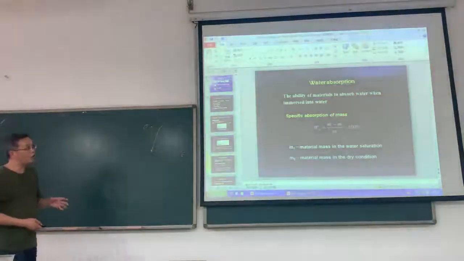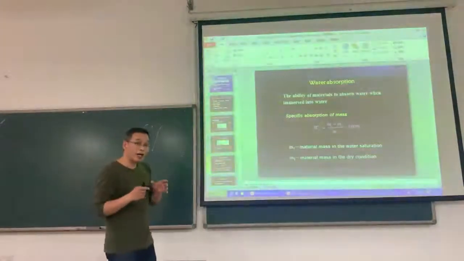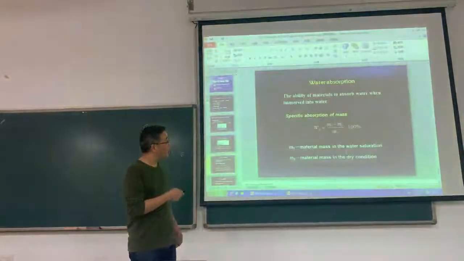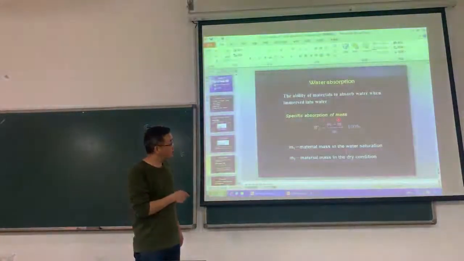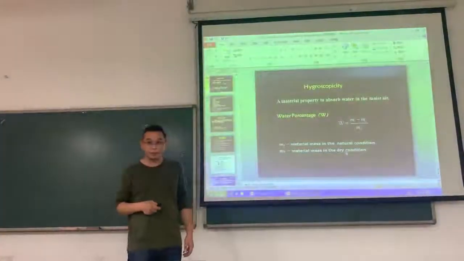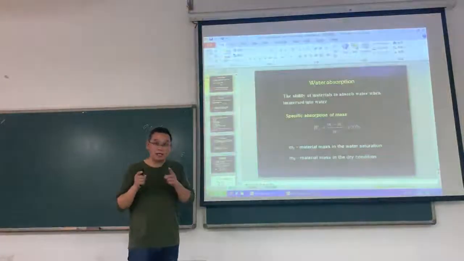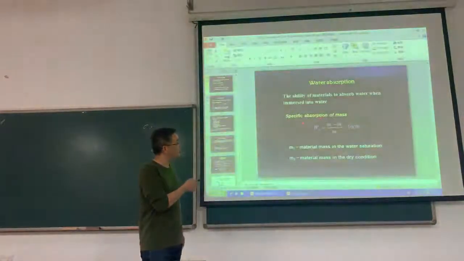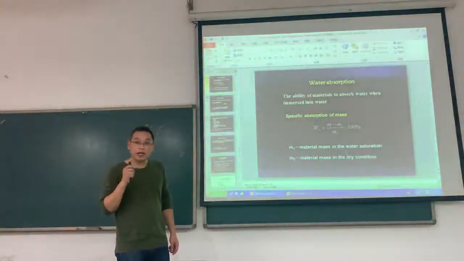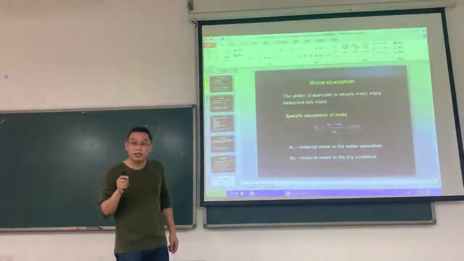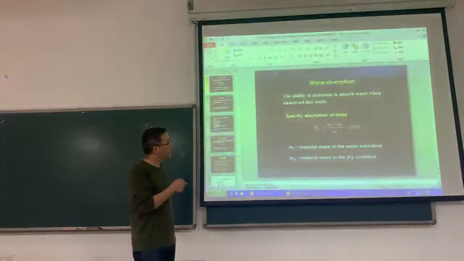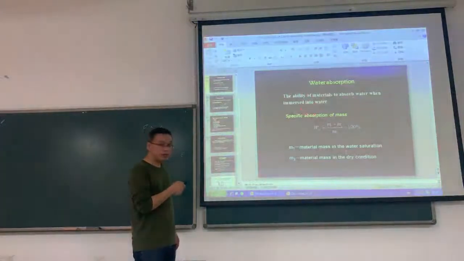And for the water absorption, last time we noticed the difference between the mass water absorption and water percentage. For the same material, the mass water absorption is solid. It cannot be changed, because it is immersed into the water.